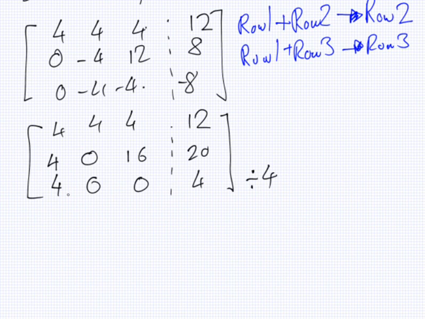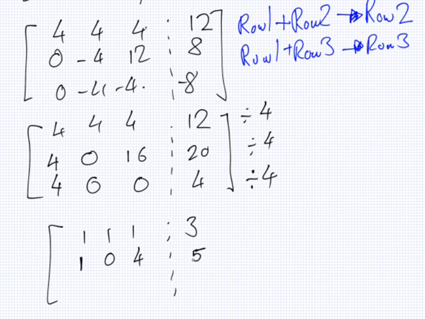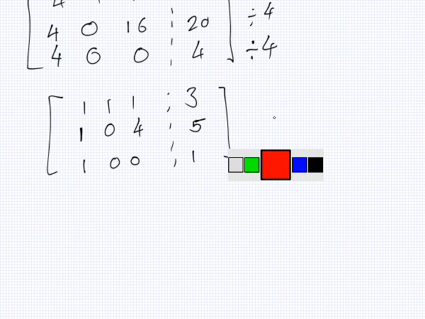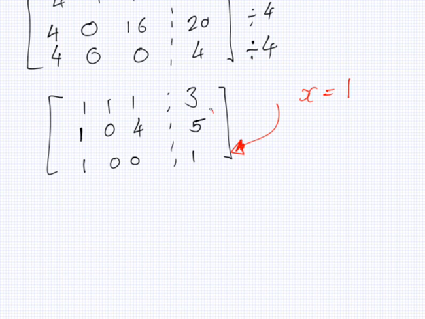So now I'm left with 1, 0, 0, 1, 1, 1. And this is what you want. Why is this what you want? Well, if you think about it, if I write this back, you have here 1x plus 0y, which is just x, equals 1. 0x plus 1y is y equals 1.